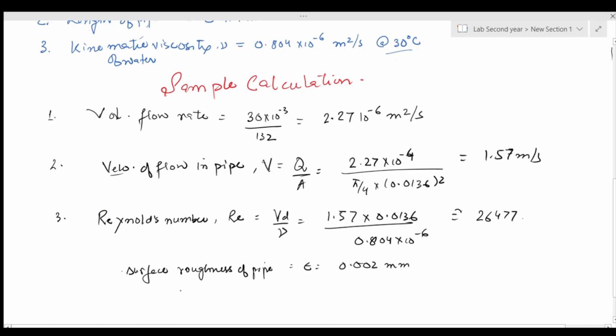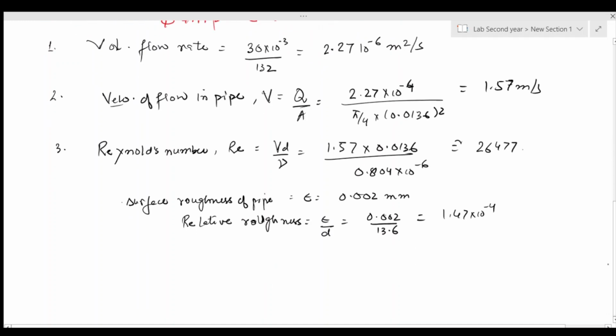And the relative roughness, which is the ratio of my surface roughness to the diameter of the pipe, is 1.47 into 10 to the power minus 4.